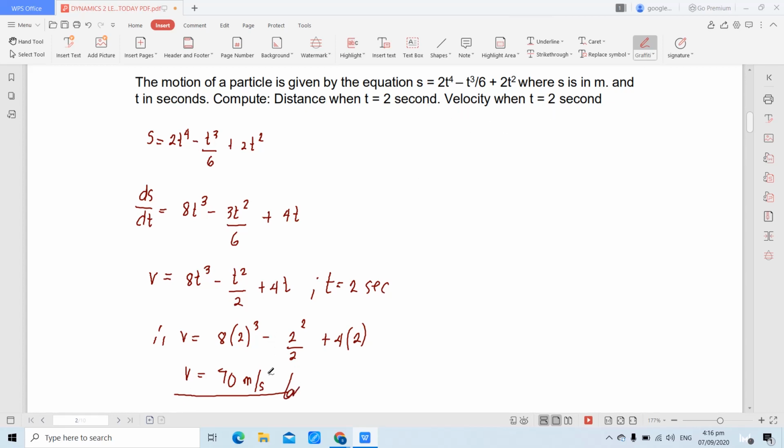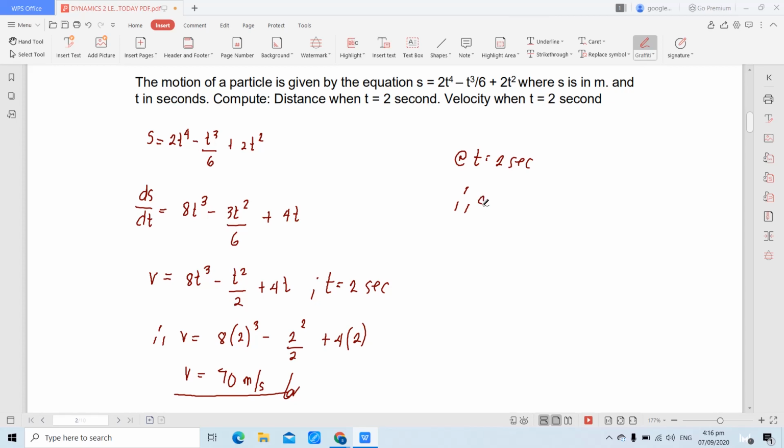Velocity after 2 seconds is done. Another requirement is to compute the distance after 2 seconds. Since we have displacement as a function of time t here, we just substitute the value of time, which is 2 seconds, into this formula.